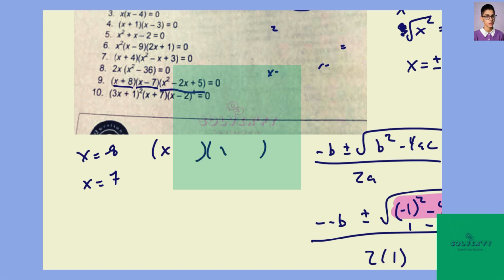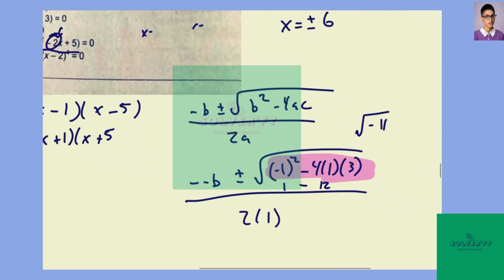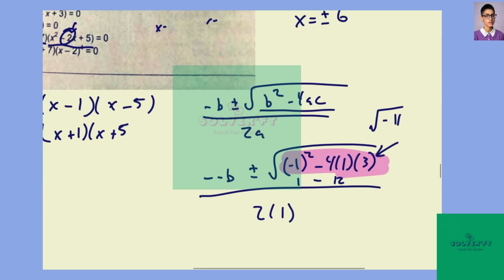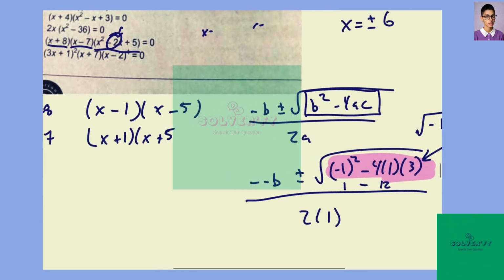Factors of 5 that would combine to give me a negative 2. So again, it can only be negative 1, negative 5, or positive 1, positive 5, but neither of those gives me the negative 2. So let's see what this right here would give me, right? The b squared minus 4ac. If that number is negative, that's called a discriminant. If that number is negative, then I'm not going to have any real roots here.